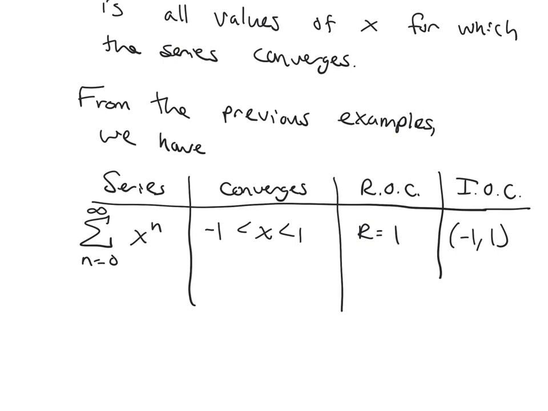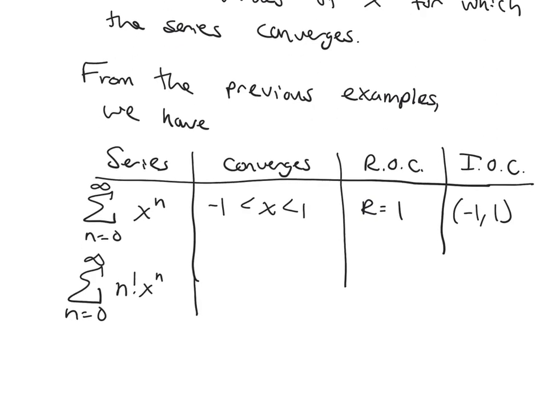All right, and then we did this series, I think was our next example, n factorial x to the n. If you look back in the notes, we said that this only converged for one value, x equals 0, x equals a. What do we say the radius of convergence is when there's only one value? 0.